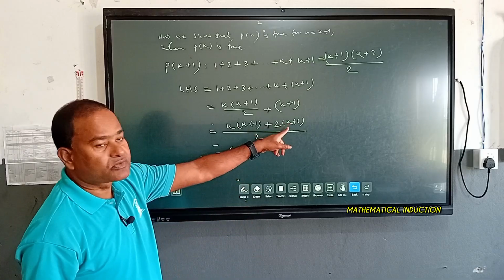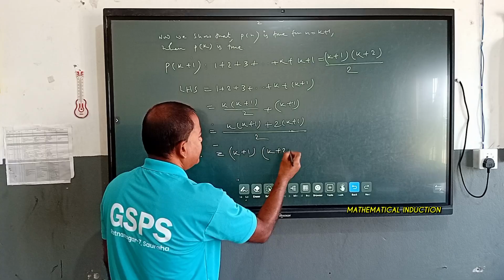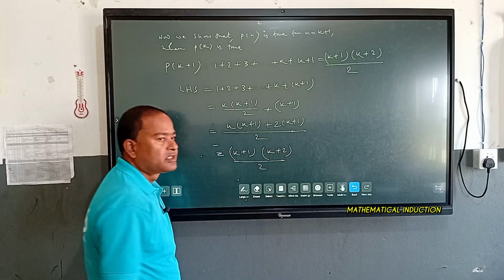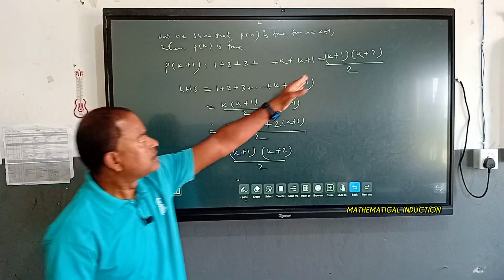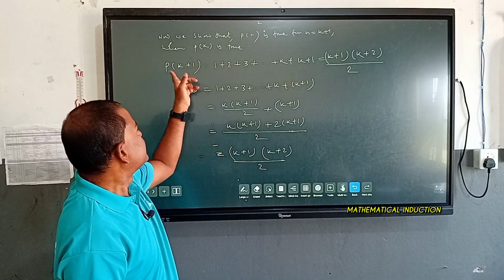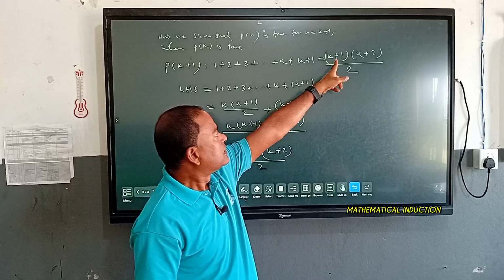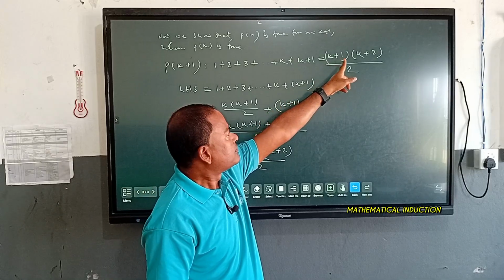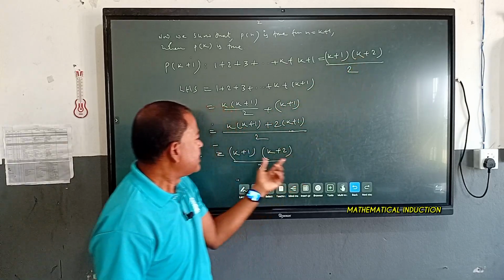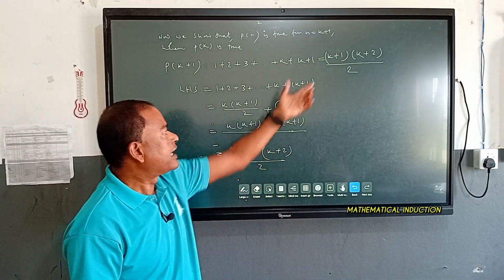So if we take k plus 1 common, then the remaining term will be k plus 2 divided by 2. Now if we look at the right hand side of the statement, when we take n equals k plus 1, on the right hand side we have got k plus 1 times k plus 2 divided by 2. So we have got the value of RHS.